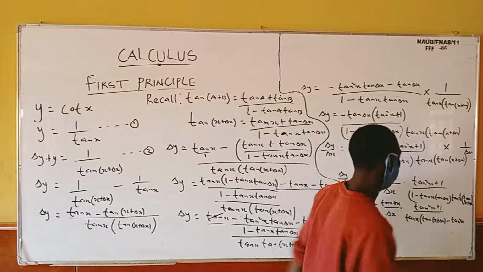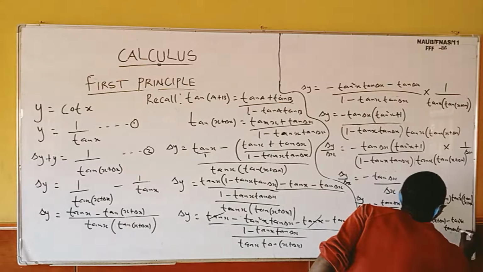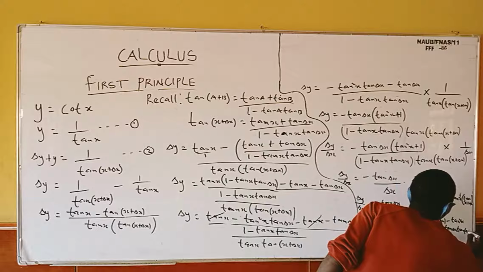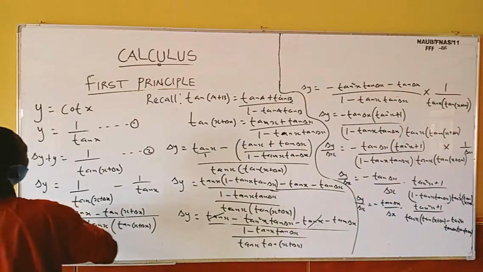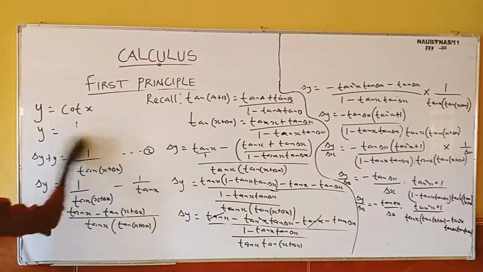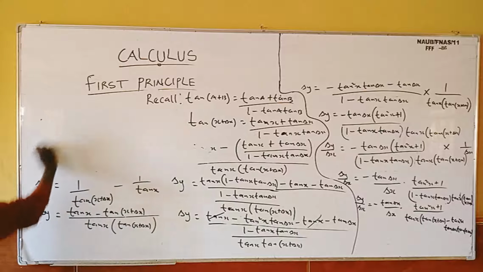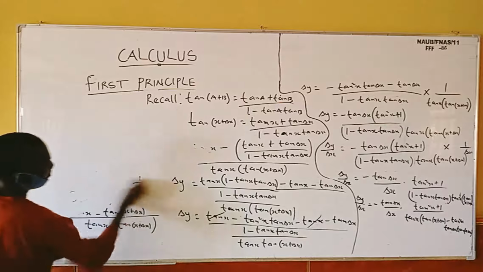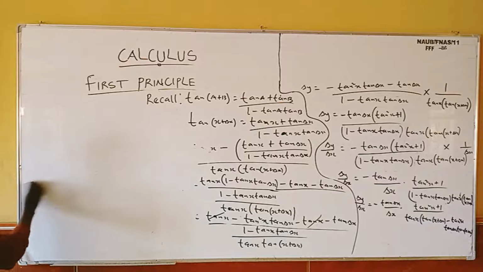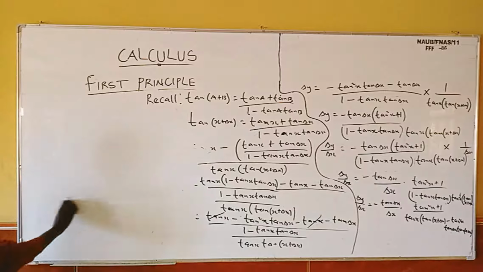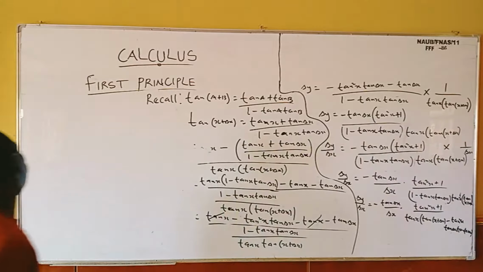This multiplied by this is tan change in s, tan s plus change in s. Let me use this way so that we see it clearly. It looks tedious, but it is very simple. Consistent practice will help you a lot, and this you will achieve by watching my video consistently.